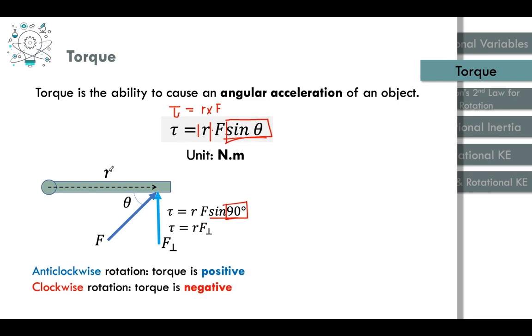In terms of direction, counterclockwise (CCW) rotation is considered positive, and clockwise rotation is considered negative. So torques that are negative cause clockwise rotation, and torques that are positive cause counterclockwise rotation.